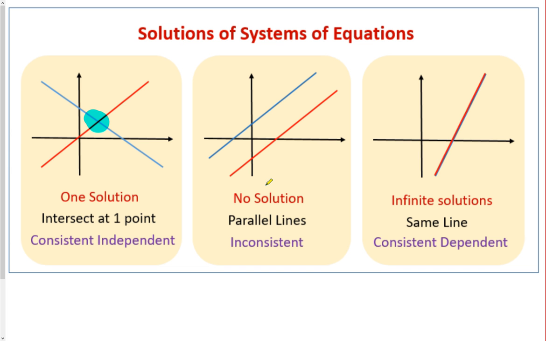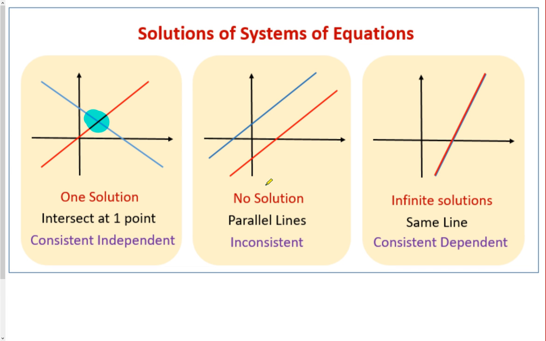You might get one number equaling another number, like 0 equals 9, and you'd say 0 doesn't equal 9. That would mean that there's no solution. If you do it in graphical form, you'll see that their slopes are the same, but their intercepts are different, and they're parallel to one another. But if you're trying to do it with the algebra, you'll notice that there's a problem.